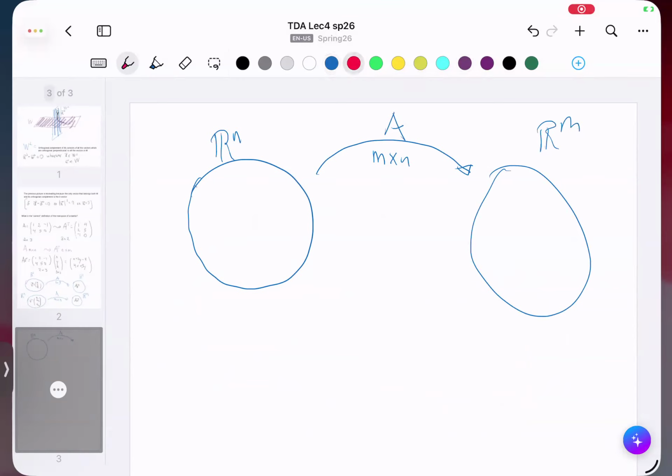And then the transpose, I want it to swap the sizes, so it goes in reverse, goes backwards, because the transpose is N by M. It takes a vector of size m and will produce a vector of size n. So you can think about it in terms of the diagram as just going in the opposite direction.